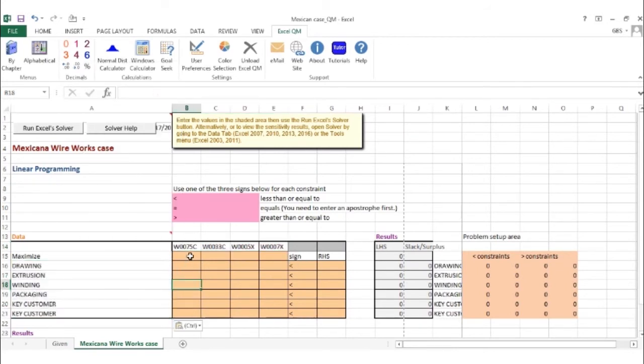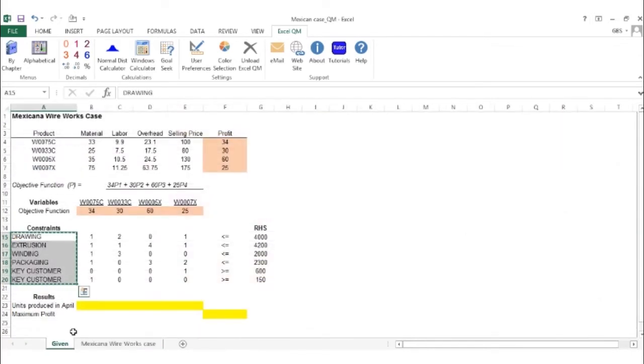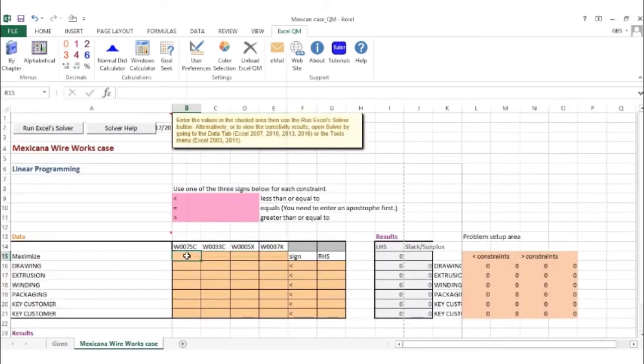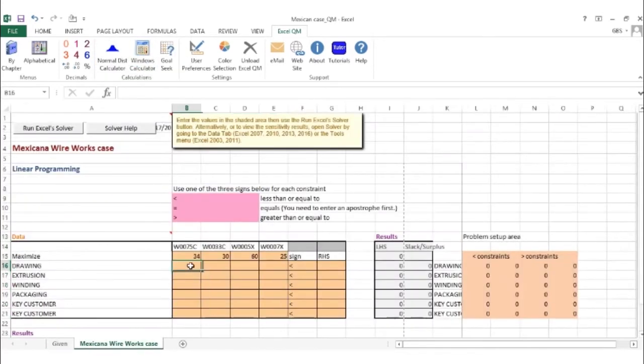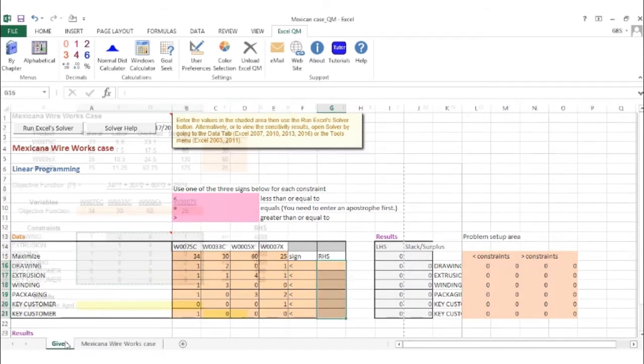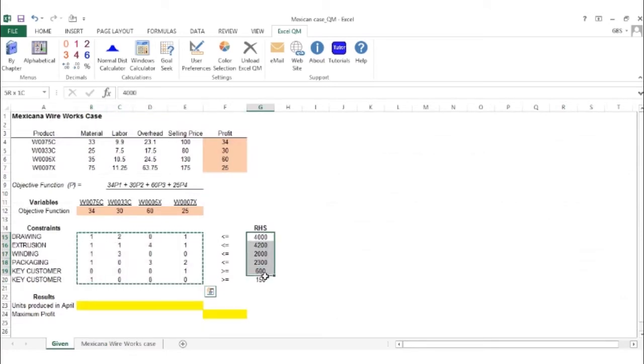Now we also copy the values of the objective function, such as 34, 30, 60, and 25 here. We also copy the values for the constraints here, and also the values of the RHS, the right hand side constraints.